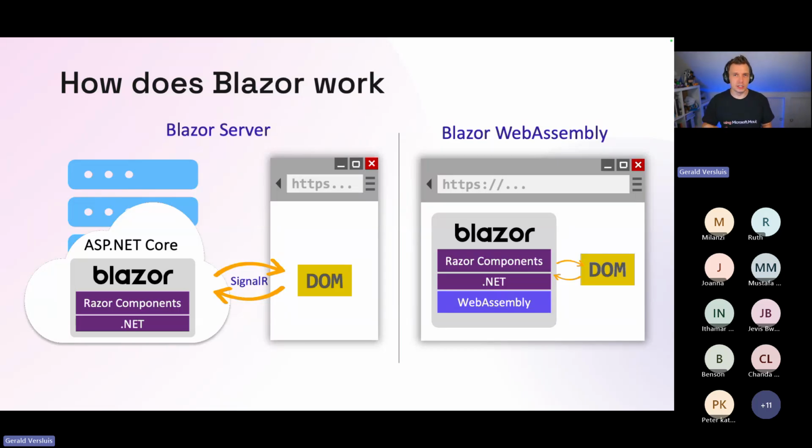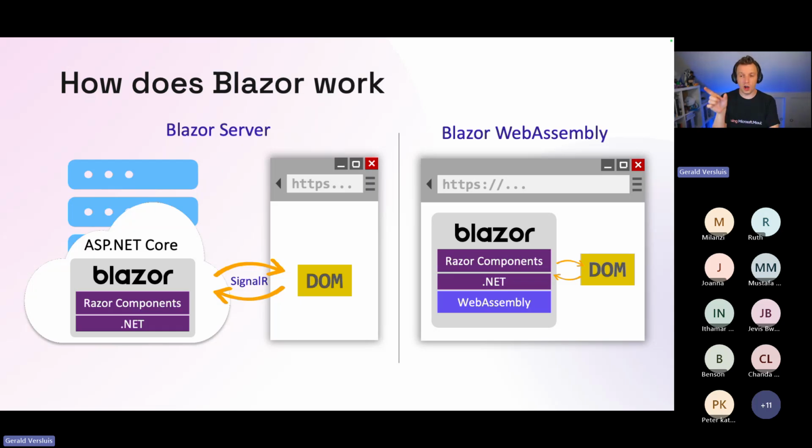Blazor WebAssembly is more like your JavaScript approach, where the whole application is downloaded to your browser. It can be the exact same code. Changing between these two modes takes very minimal code. I think as of .NET 8, you can work with render modes, and you can have one page run on the server and the other page run on the client, or let the application figure it out automatically.